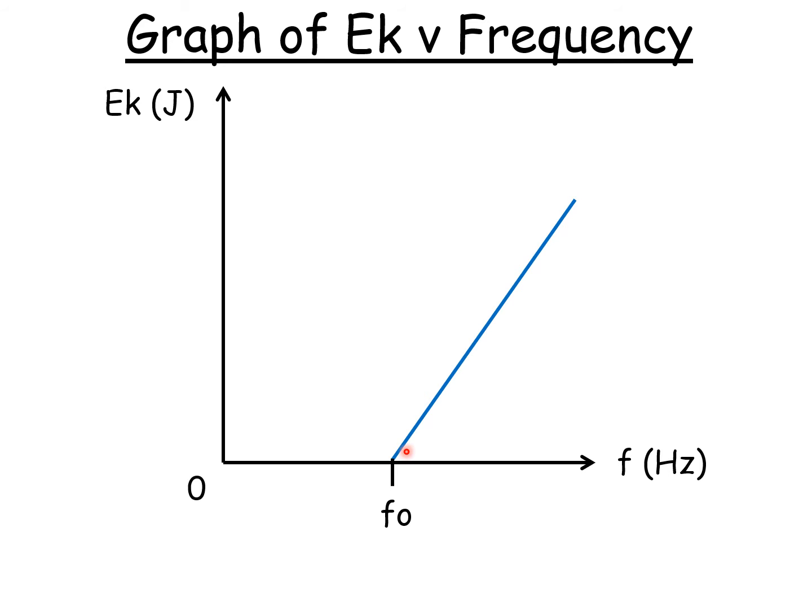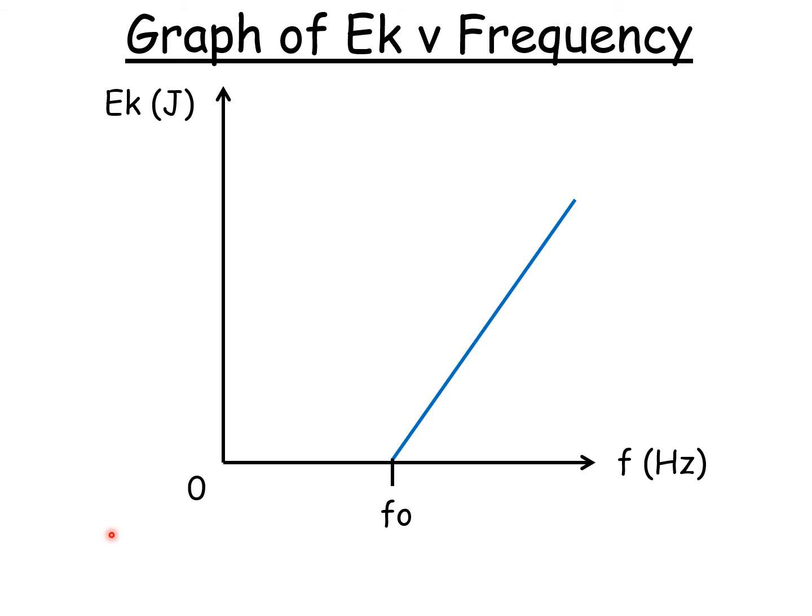As you hit the metal with a frequency greater than the threshold frequency, you start giving those electrons enough energy to be released from the metal, but also to move off the metal. And this is why they start getting kinetic energy. So this is a really nice simple graph, and notice it's a nice straight line. So there's a kind of a linear relationship there.